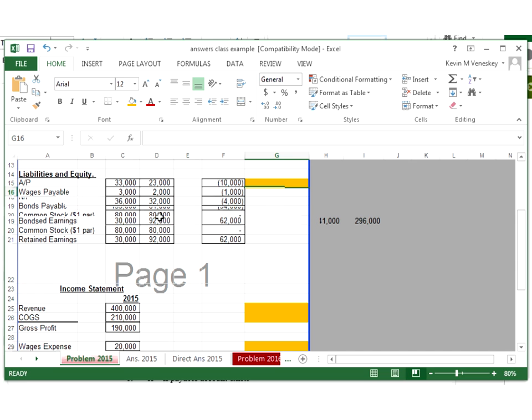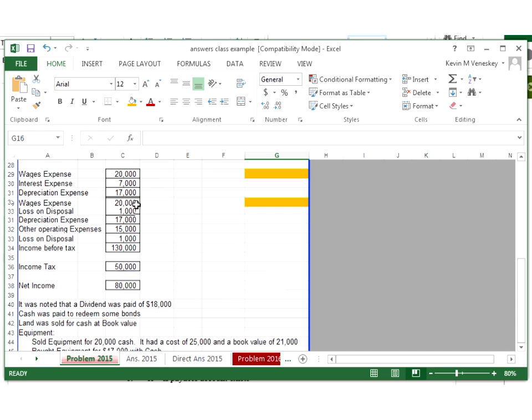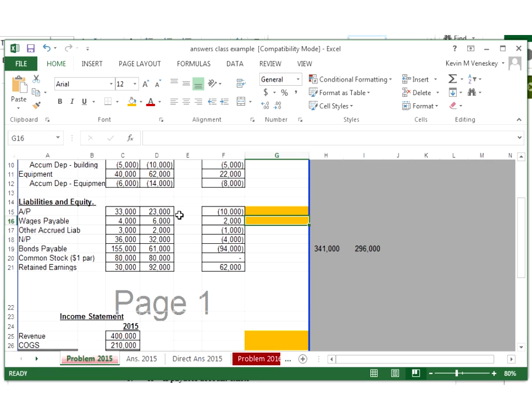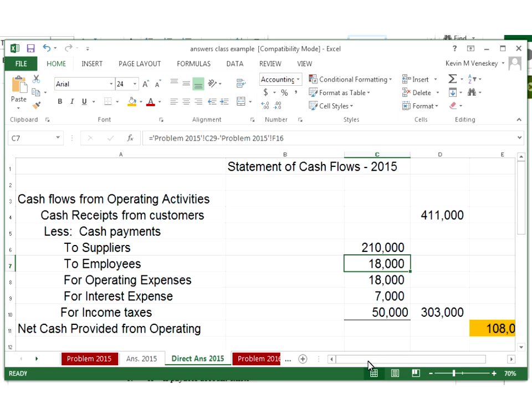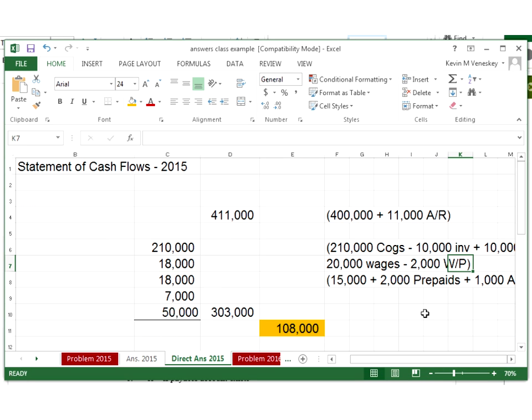If it went up, that means I didn't spend all of the money that I did expense. So out of the 20,000 I expensed, I really only paid 18 because my wages payable went up by 2,000. So that's where this 18,000 comes from: the 20,000 minus the increase in wages payable, the money that I have currently saved.